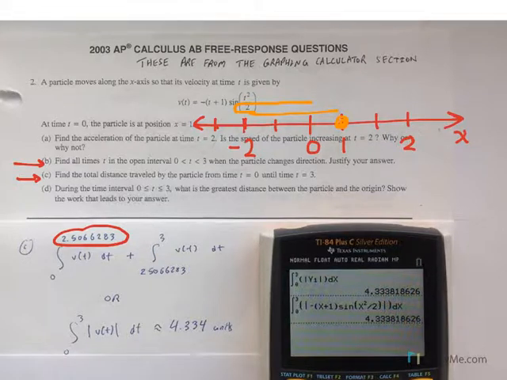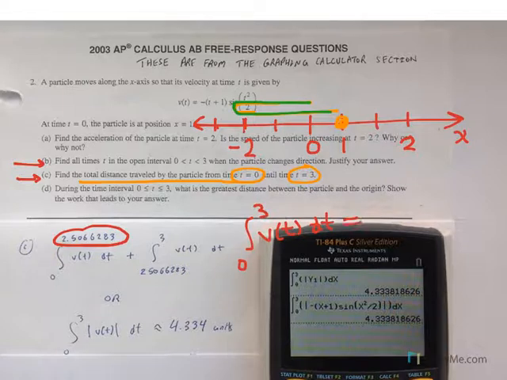The question is, find the total distance traveled by the particle from time t equals 0 to time t equals 3. You have to be aware that because the direction of the particle's movement is changing, if you just take the definite integral of the velocity function from t equals 0 to t equals 3, we learned yesterday when we were reviewing applications of the fundamental theorem of calculus that this would give us the antiderivative of velocity, the position function, evaluated at 3 minus the position function evaluated at 0.